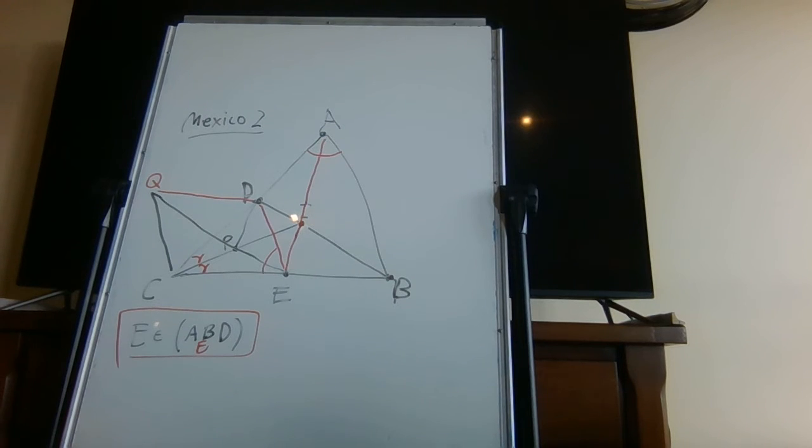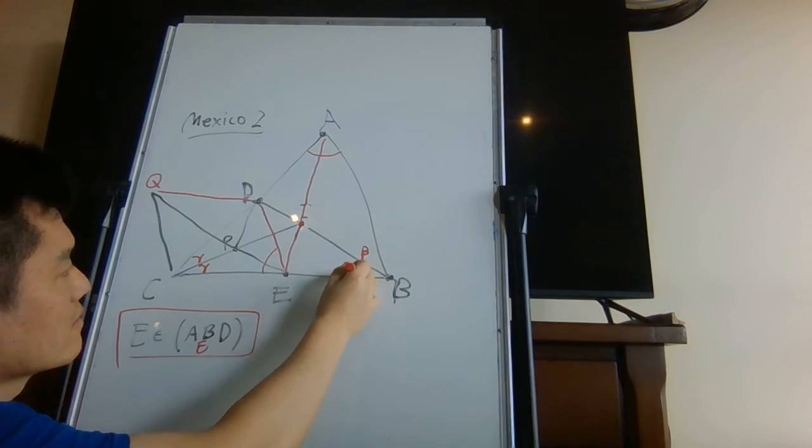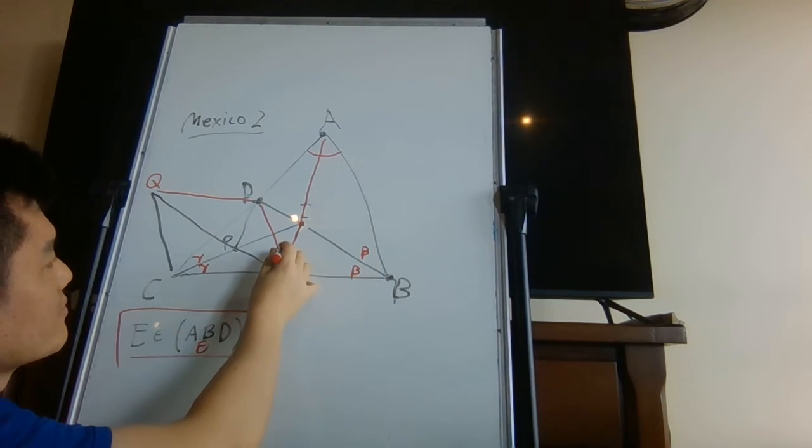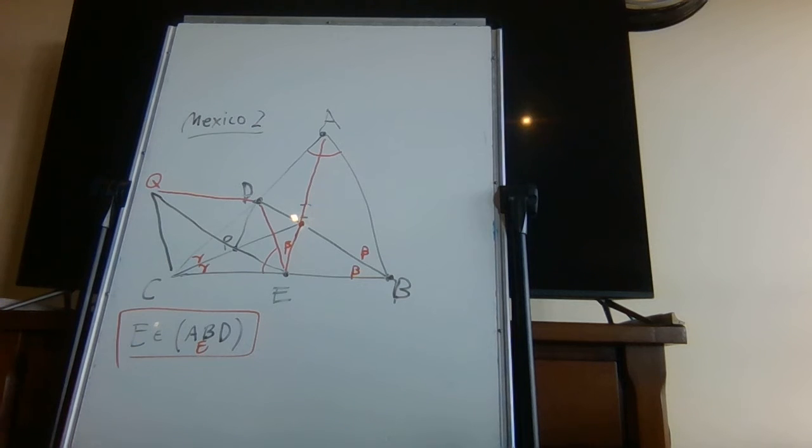Let's say angle ABD equals angle DBC. So this is beta. This is beta, right? Yeah. Wait, let's get my orientation.